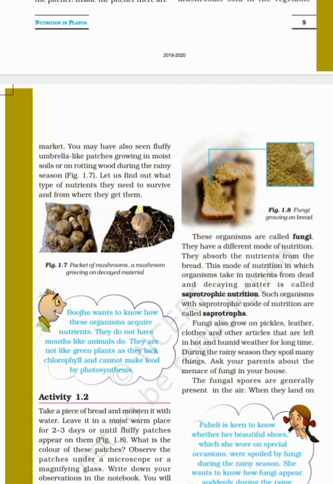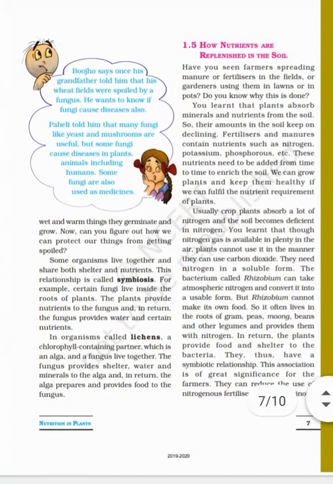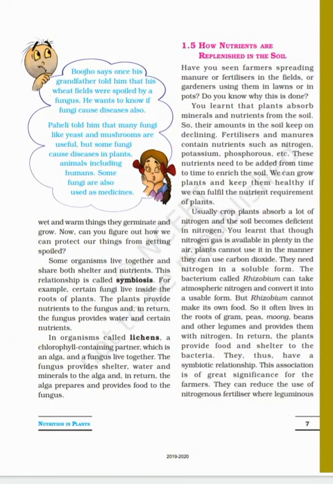The soil needs to be enriched with nutrients such as nitrogen, phosphorus, potassium, etc. regularly. Only then can we grow plants and keep them healthy. Therefore, we add more nutrients like nitrogen by using fertilizers and manure, and this is called replenishment in the soil.